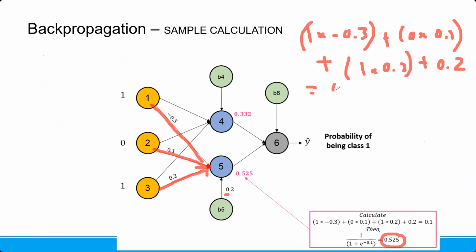So the result is 0.1. Now we again need to use the sigmoid function, which is 1 divided by 1 plus e power of minus input. Here the input is 0.1, so it will be minus 0.1. The result is 0.525. Then we will use this one as the output from the previous layer.